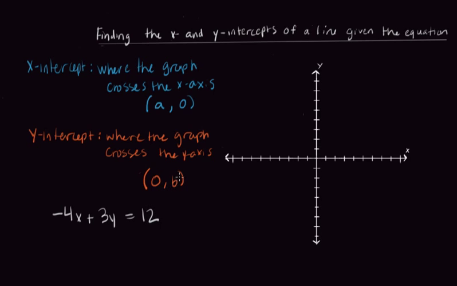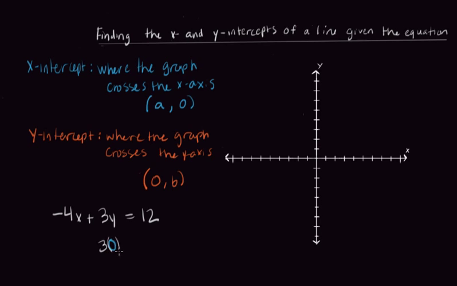Now, I want us to just notice that no matter what the x-intercept is, the y-coordinate for that point is always 0. So if we plug in 0 for y, we can get the x-intercept. Whatever x equals, that'll be the x-intercept. That's because the x-intercept point is always the point where x is equal to something but y is equal to 0. So we can plug in 0 for y, and then we can solve it for x.